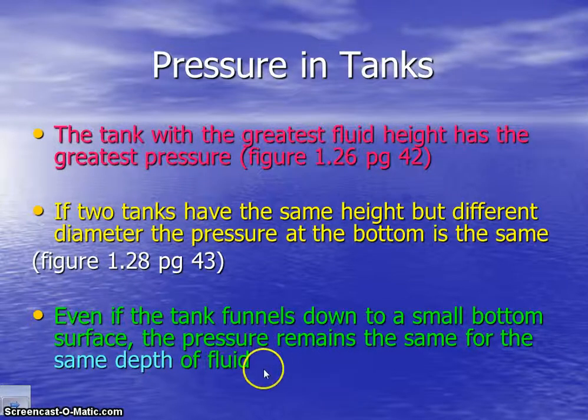In other words, what you have to look at is the length of the column of water. They can be different shapes, but it's the distance from top to bottom that you have to measure.